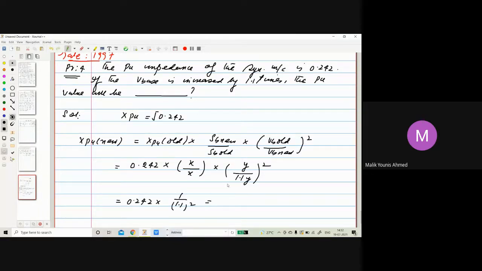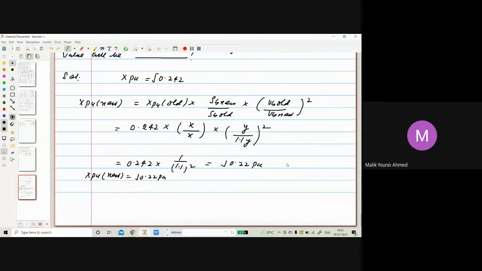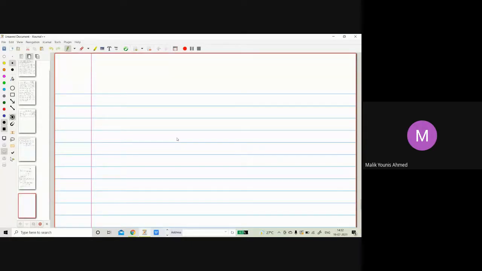When you find this value, it comes out to be 0.22 per unit. So XPU new is J0.22 per unit. This is GATE 1997. This question was asked. Very simple question. We'll continue to do some more numericals. Let's talk about GATE 1991. This numerical has been asked.